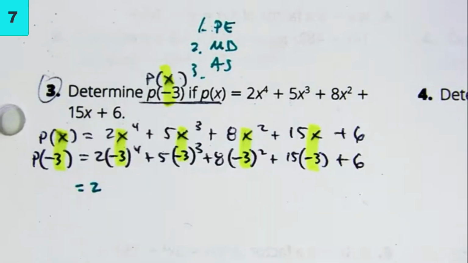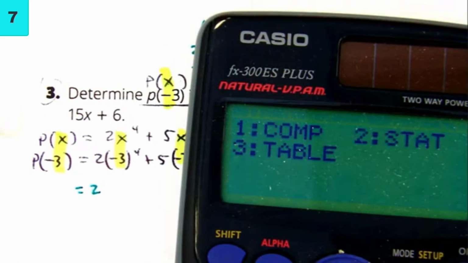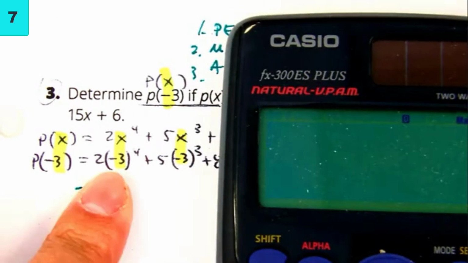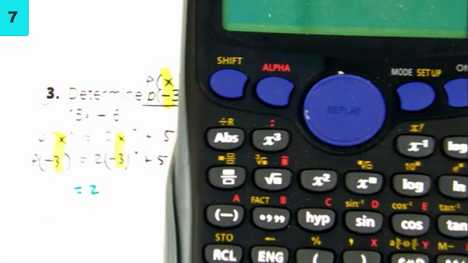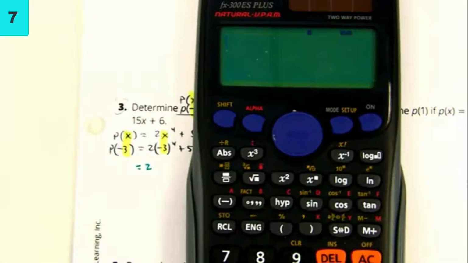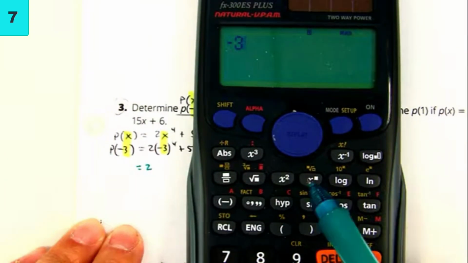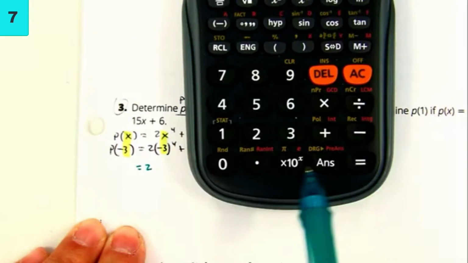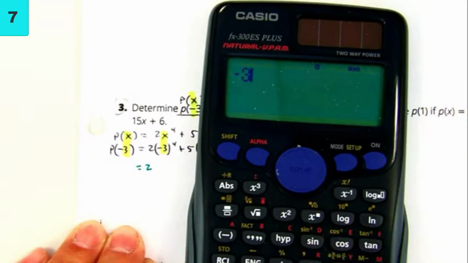Now, I want to practice showing you how to use a calculator. Another mistake that students will make is they'll put in negative 3. Let me show you my calculator. Negative 3 to the 4th power. My negative sign on this Casio is up here. If you have a Texas Instruments, it's usually at the bottom of the calculator. And the exponent button is here.